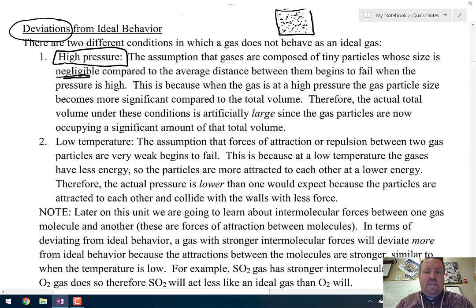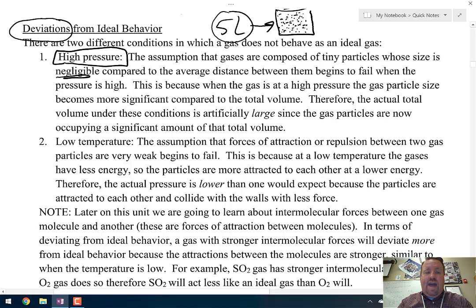This is because when the gas is at a high pressure, the gas particle size becomes more significant compared to the total volume. If this is a 5-liter container, let's say, we know that as you put more and more gas in there, there's actually less and less of that 5 liters of actual empty space. And so as the pressure goes up, the gas tends to deviate more and more from being an ideal gas.